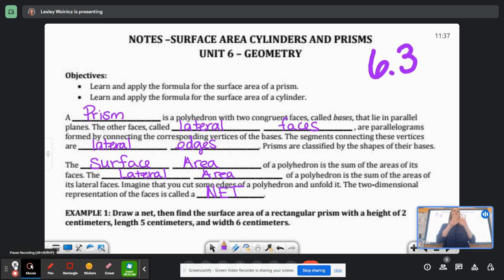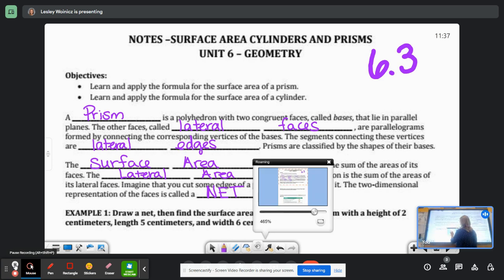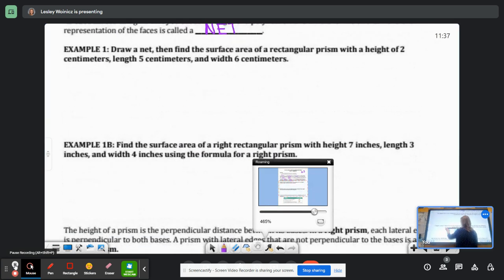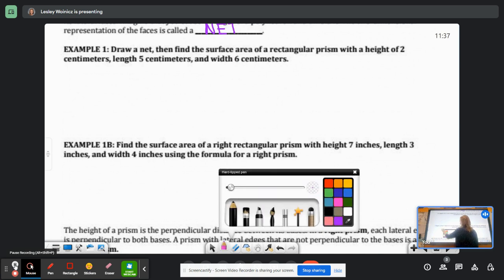But if you just do the soup label that only goes around the sides, that would give you the lateral area. So it's just excluding the tops, the bases, top and bottom. Except that we were supposed to be talking about prisms and I brought up cylinders. It's fine. It's similar. It's analogous.